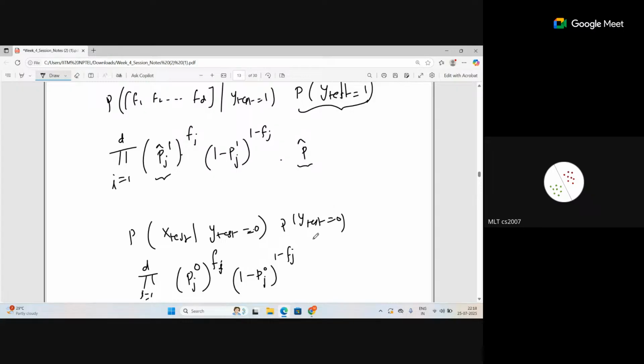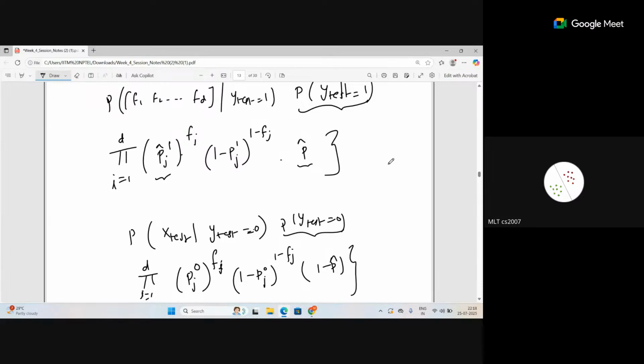And what about this? It's 1 minus P hat. I hope it is fine. Now I have found out this value and this value, and now I'll compare, right?